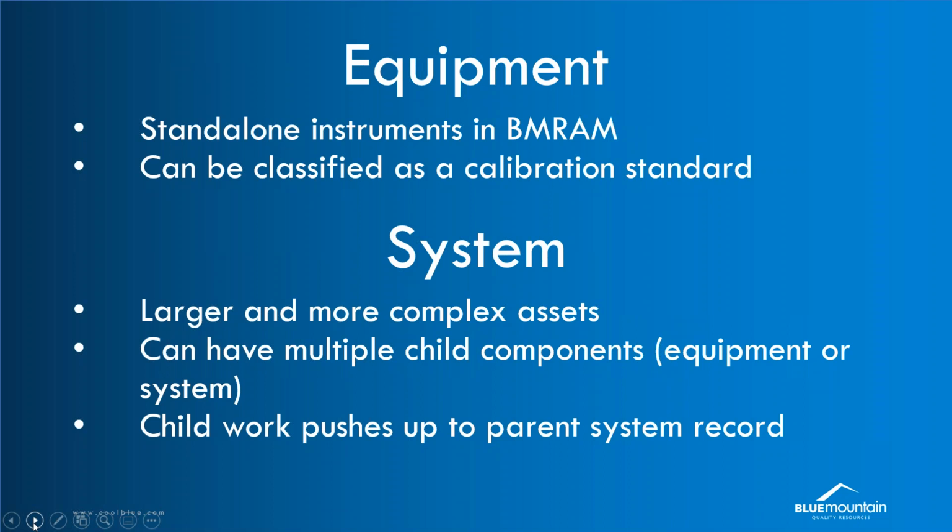And the good thing about the system record is that all the child and system under the initial parent record, once the work is completed with the child, either equipment or system, all of that information gets pushed back to the parent system. So you can technically, if you have 4 or 5 child systems or equipments under one parent system, view all of that information by just viewing the parent system. You don't have to go into each individual child system.